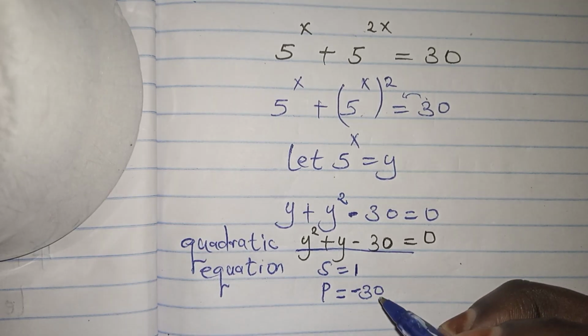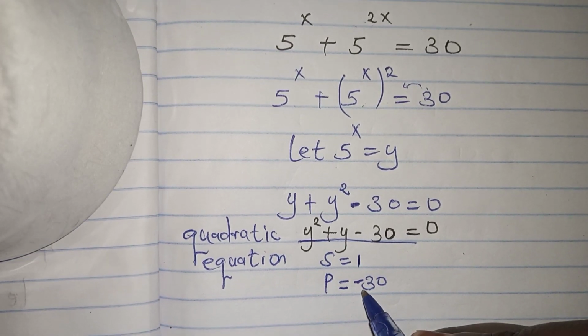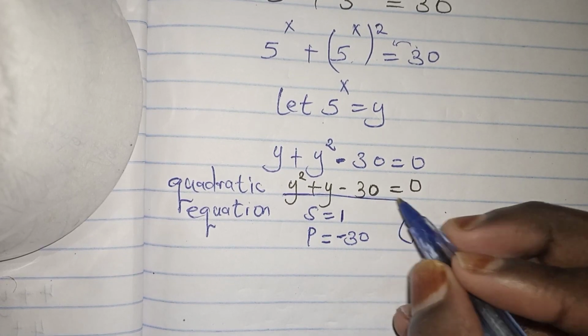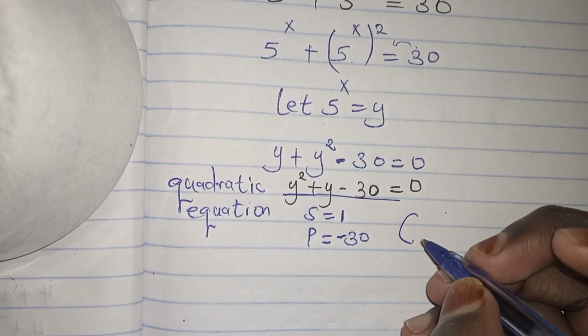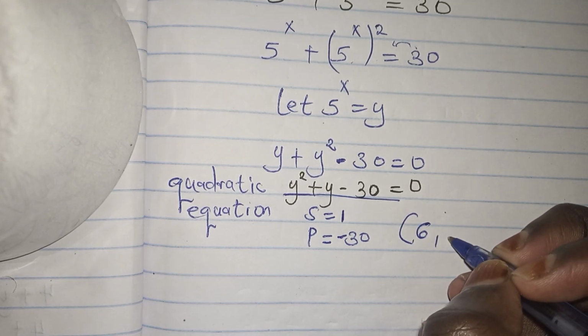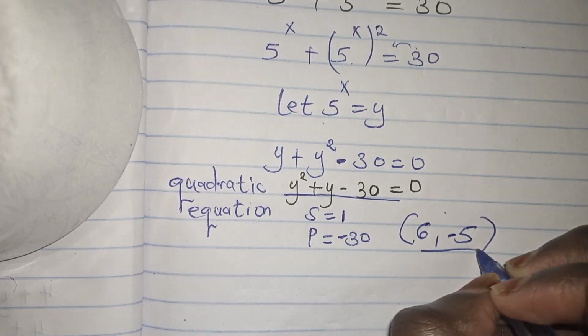I will look for two numbers. When I add them both, I am getting 1. When I multiply them both, I am getting negative 30. So we are going to use the factors of 30, and these two numbers are 6 and negative 5.